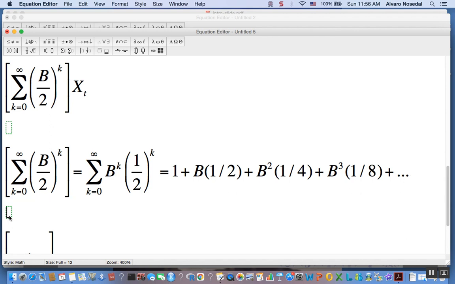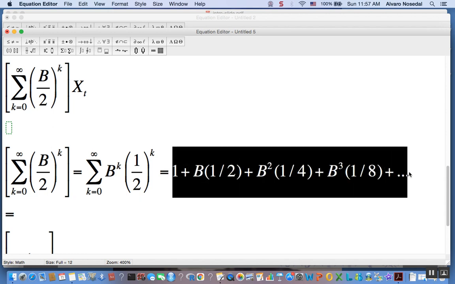Now let's think for a sec what this means. If you think about it as an xt, this is a constant. So if you apply the backward shift operator to a constant, that constant at the previous time is still just a constant.